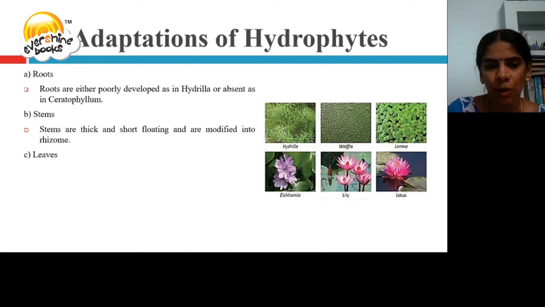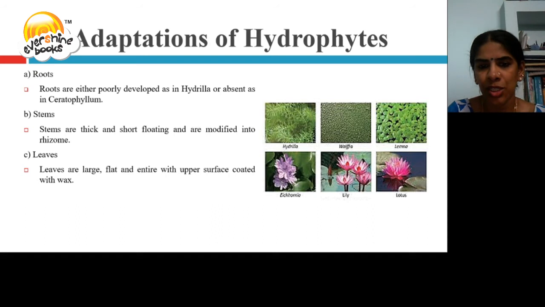Next are the leaves. You can see they are large and flat, entire, with the upper surface coated with wax because they float on the water. Wax means the water will not get attached to the leaves, thereby not disturbing photosynthesis.